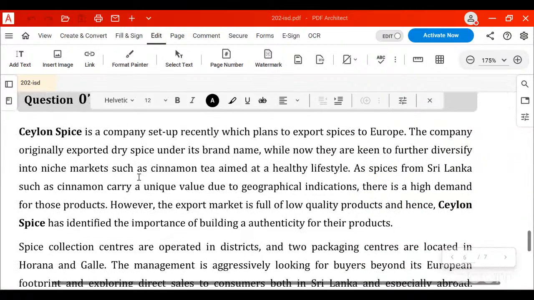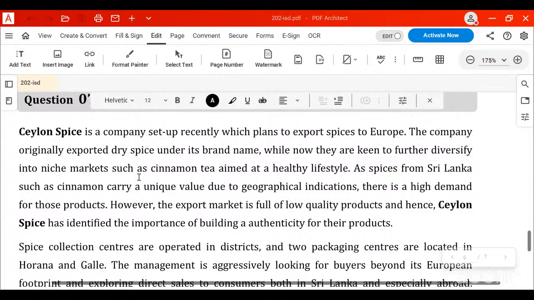Ceylon Spice is a company set up recently which plans to export spices to Europe. The company originally exported dry spice under its brand name, while now they are keen to further diversify into niche markets such as cinnamon tea aimed at a healthier lifestyle.